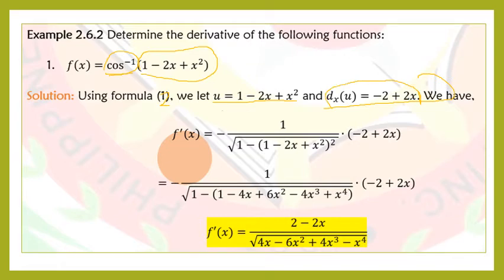Remember, yung sa formula, yung sa last. So, diba class, ang formula ni cosine inverse, what I mean is the derivative of the cosine inverse is negative of 1 over the square root of 1 minus u squared.